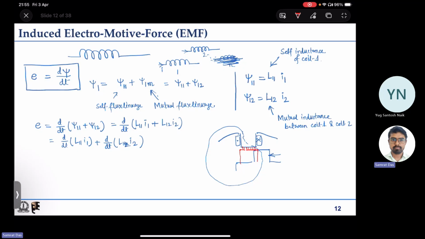For a general case I'll just write d/dt of some inductance L into current I. Because both can vary with time, we will use the concept of partial differentiation. We hold one as constant while considering the change in the other. So L into di/dt plus, holding I as constant, L is changing.